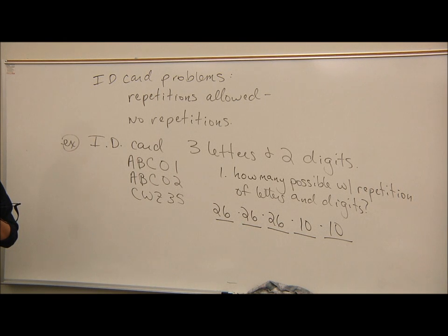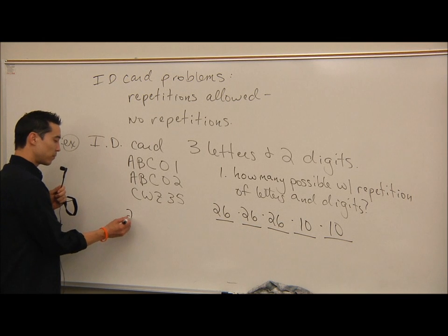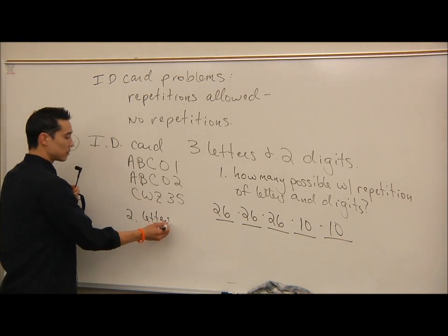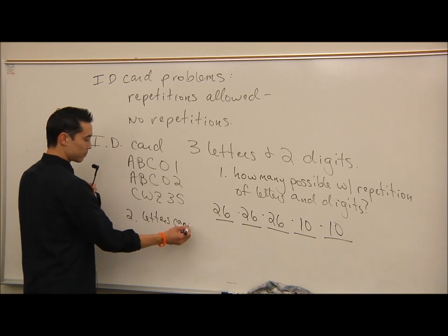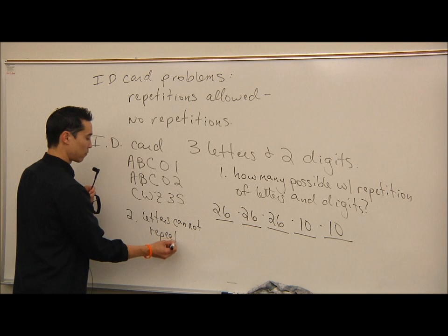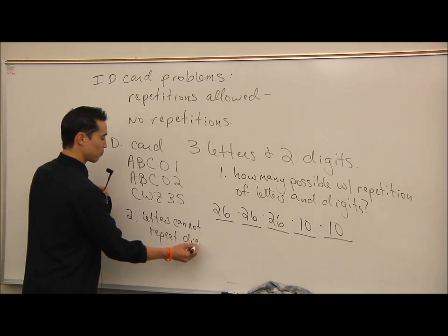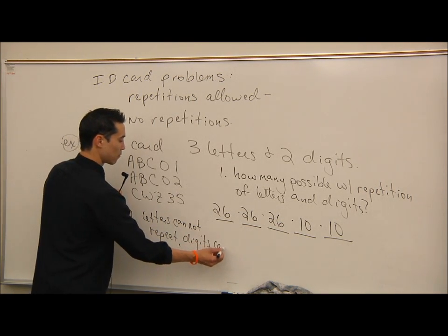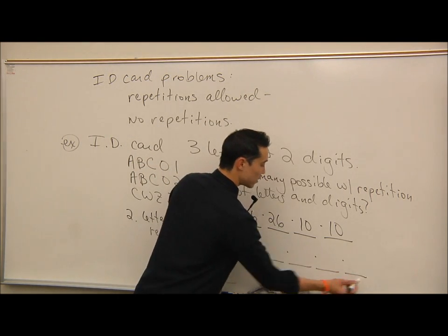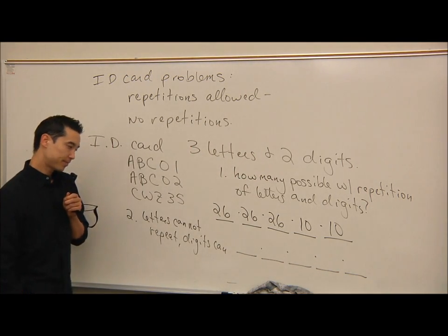Okay? All right, let's take a look at question 2. Let's say letters cannot repeat, but numbers can. How does that change my answer? Letters cannot repeat, but digits can.